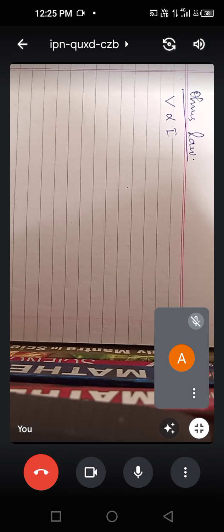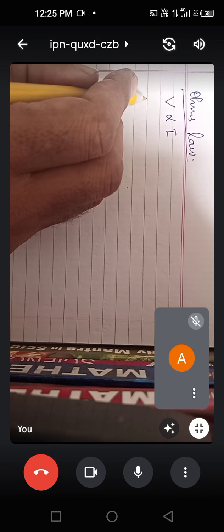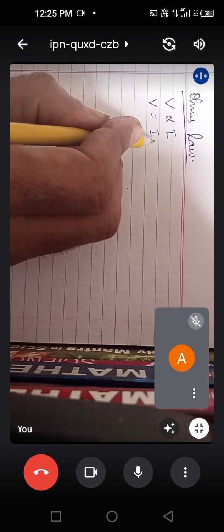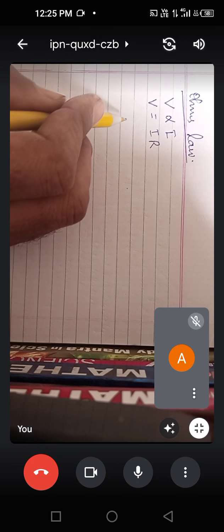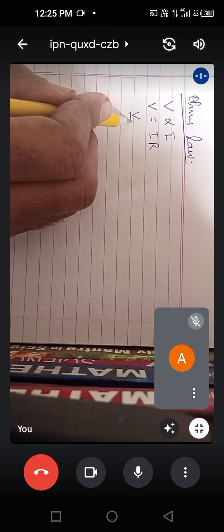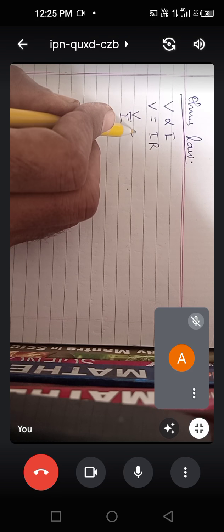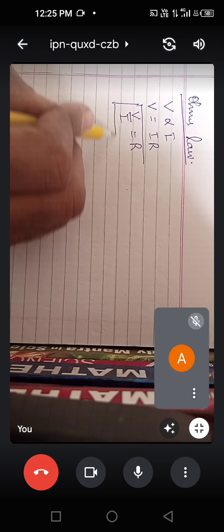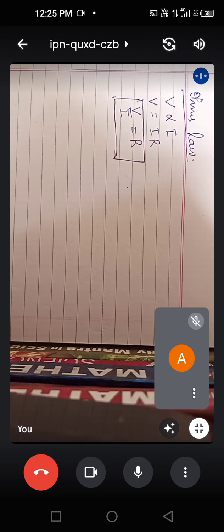or V is equal to IR, or V upon I is always a constant and is called R, simply resistance.